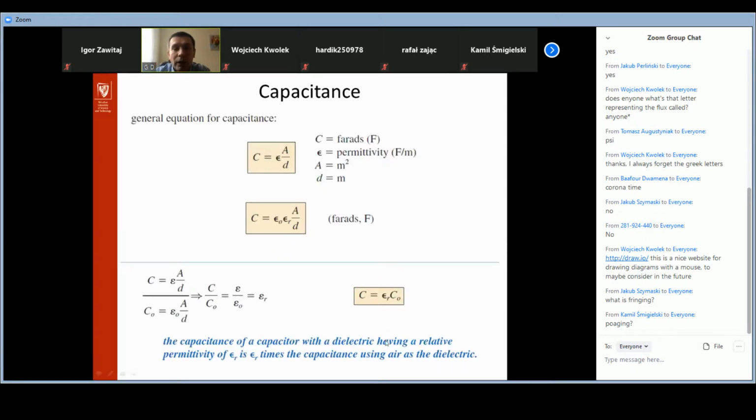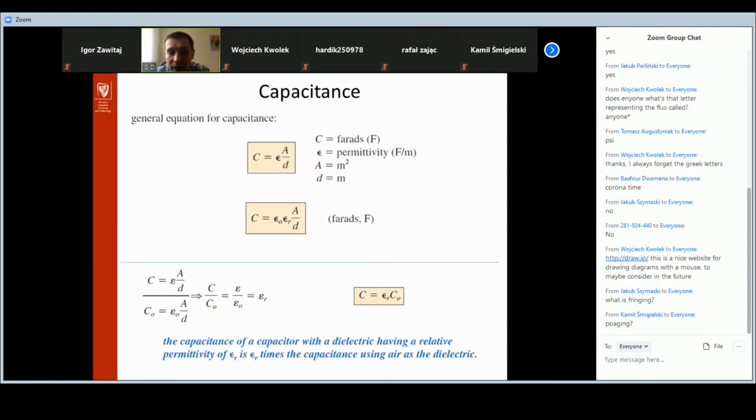if we take into account two capacitors, one of them a capacitor with an air gap and the other with some dielectric material which has the relative permittivity, we'll see that the capacitance will be epsilon R times higher when we have the dielectric material between the plates.